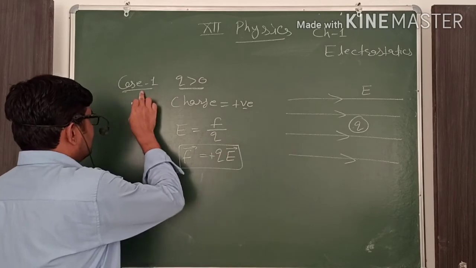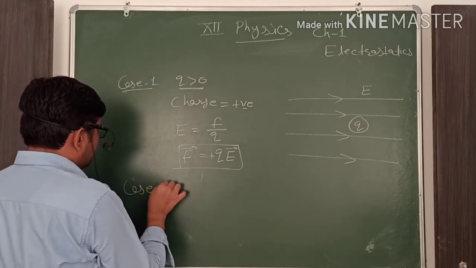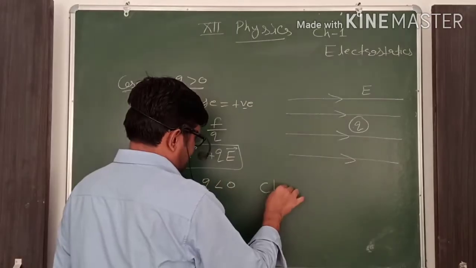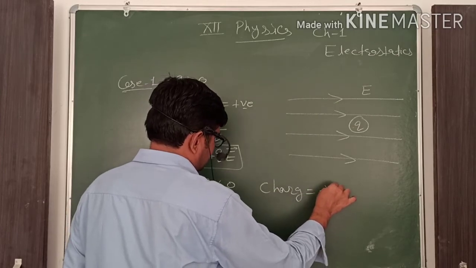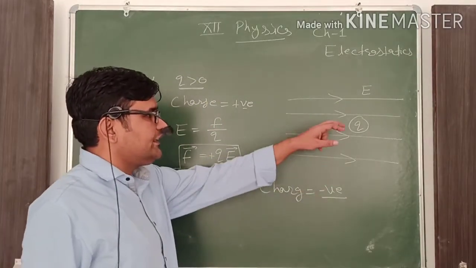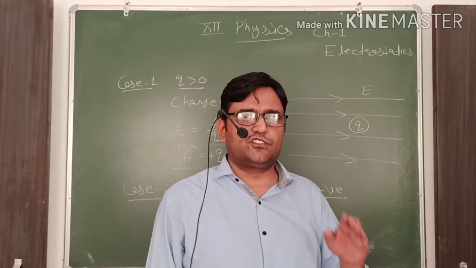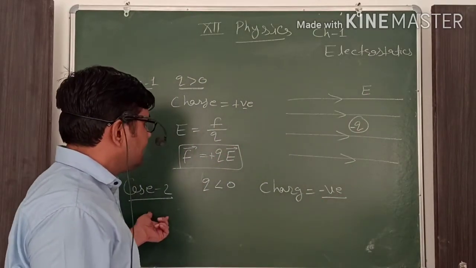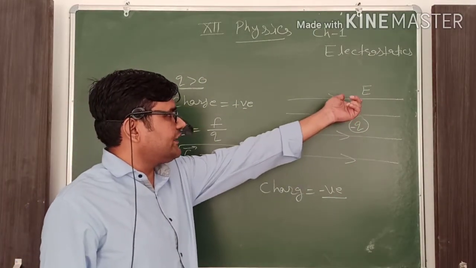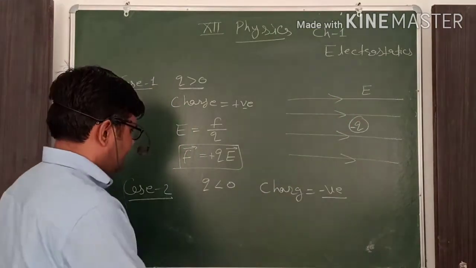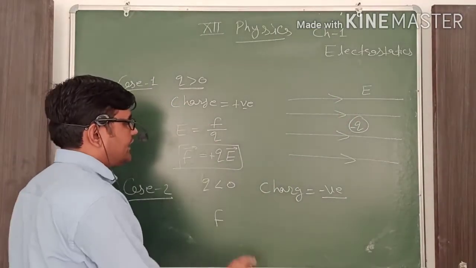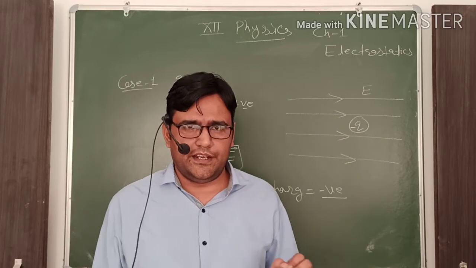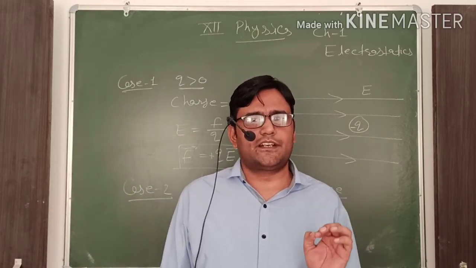In case number 2, when we consider Q less than 0, it means our charge is negative. The charge that is placed in that electric field is negative. Here we are considering the electric field on a negative charge placed in the electric field E. It is similar to the positive charge, but the direction of the force is opposite, and we know that force is a vector quantity.